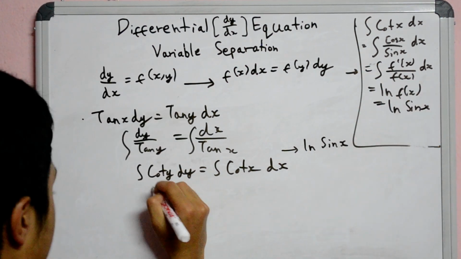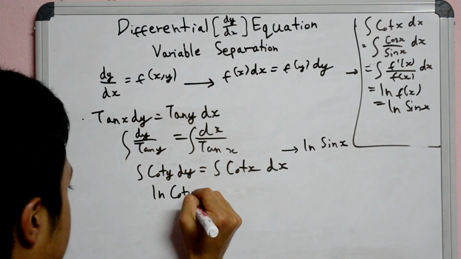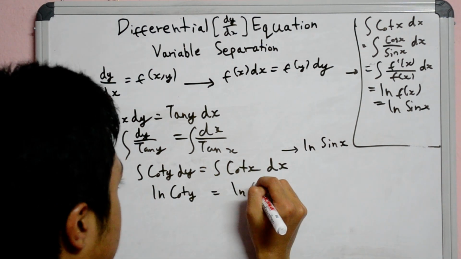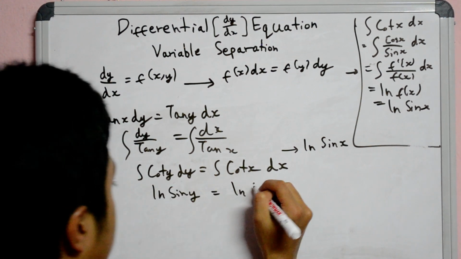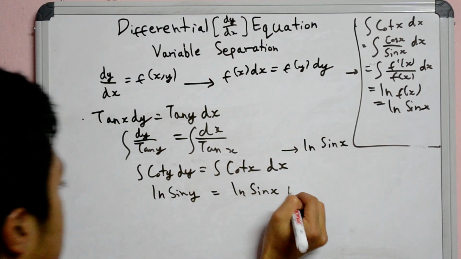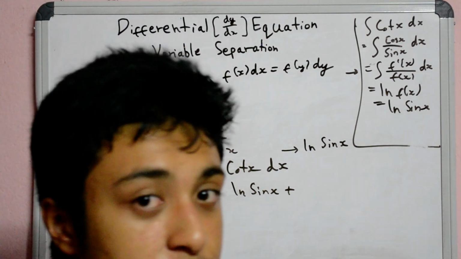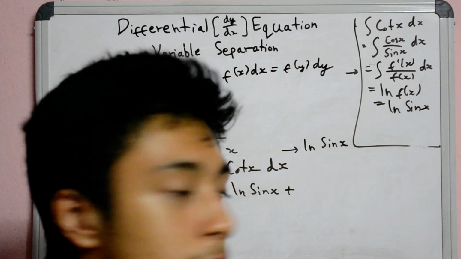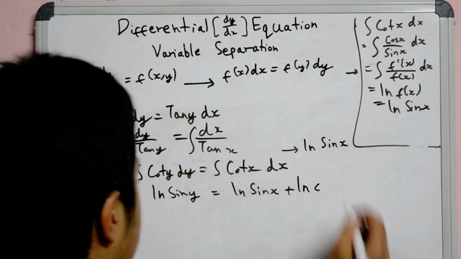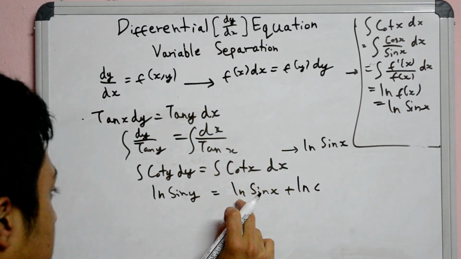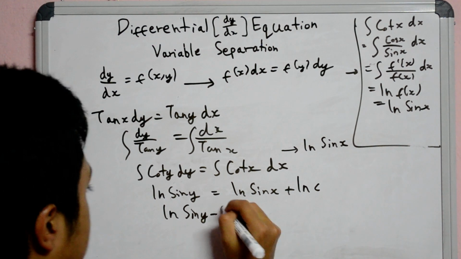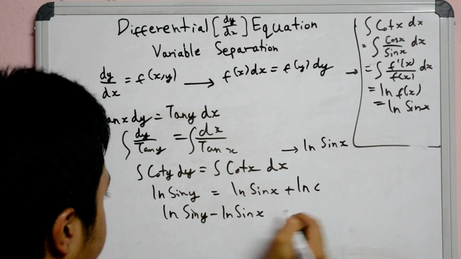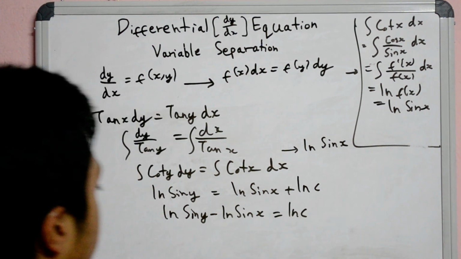So from here we have ln sin y equals to ln sin x, plus you can choose a constant, but to make the answer nicer you can put ln c. Now let's choose ln sin y minus ln sin x equals to ln c.